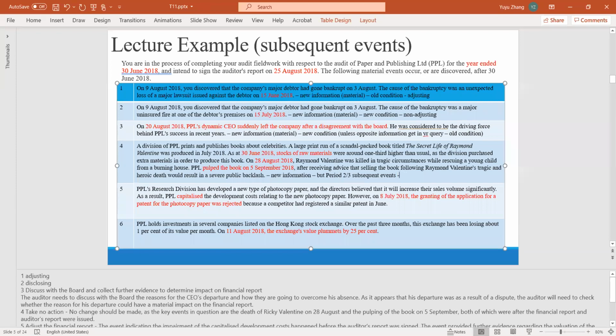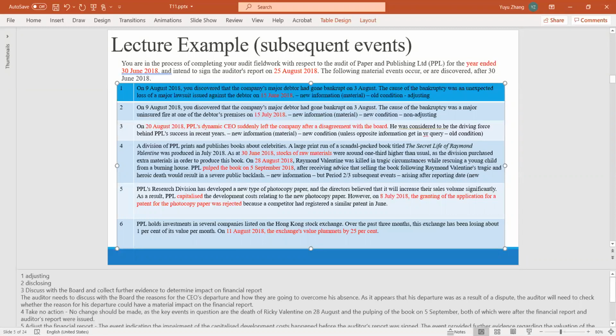And also this is new information arising after the reporting date.